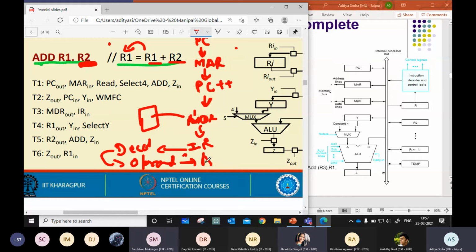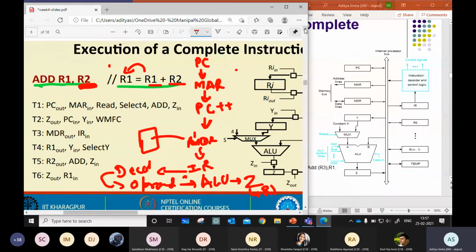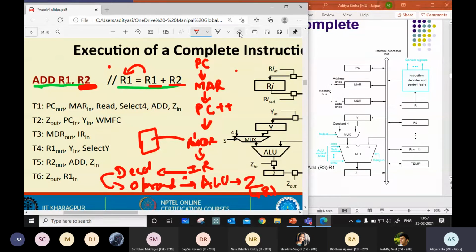ALU. From there, an adder will add both the values. And after that, where will it go? Temporary register. From the temporary register, where will the value go? R1. So hopefully this data flow is clear with everyone.